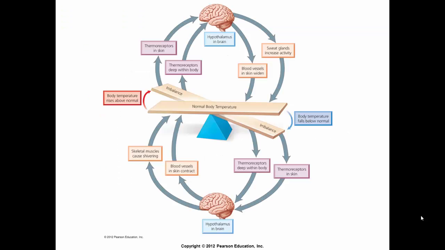So in this example, it shows normal body temperature. If the body temperature rises above normal, that's an imbalance. Thermoreceptors deep within the body are going to send a message to the hypothalamus in the brain. Thermoreceptors in the skin are also sending messages to the brain.